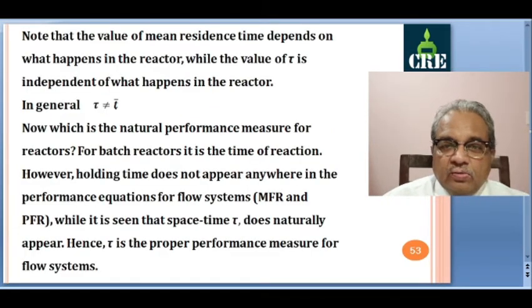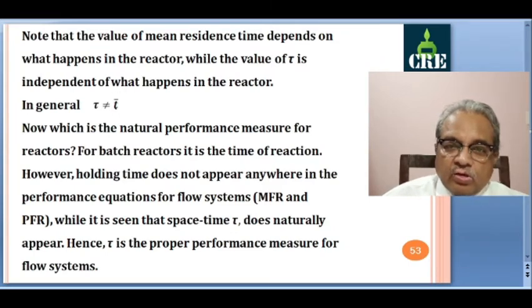Note that the value of mean residence time depends on what happens in the reactor, while the value of tau, that is space time or normal residence time, is independent of what happens in the reactor. In general, tau is not equal to T bar.